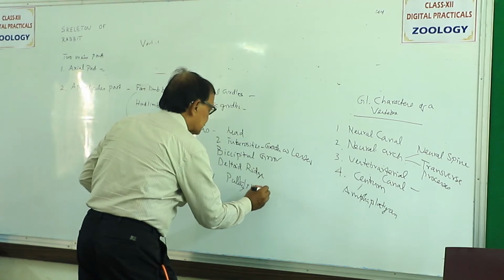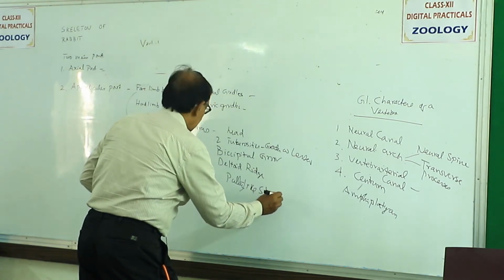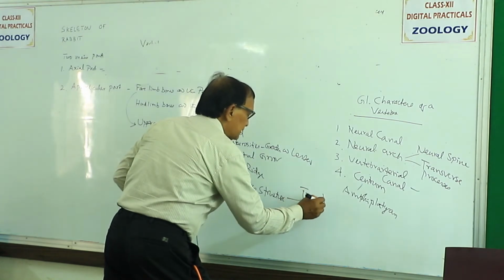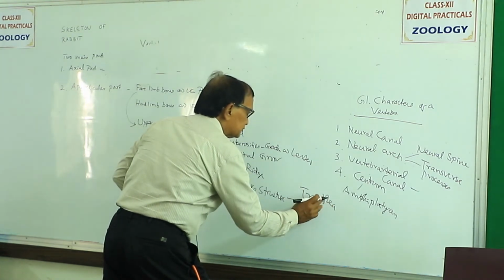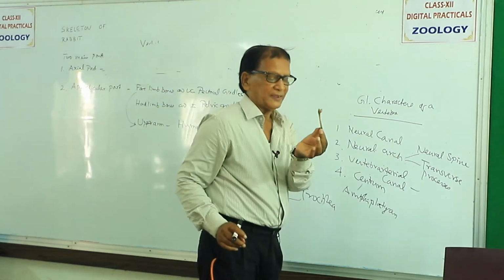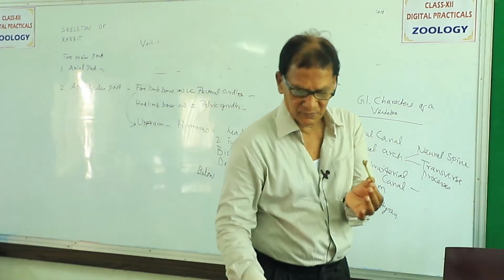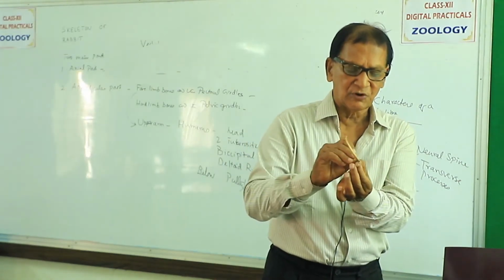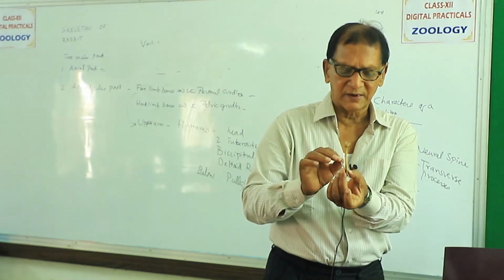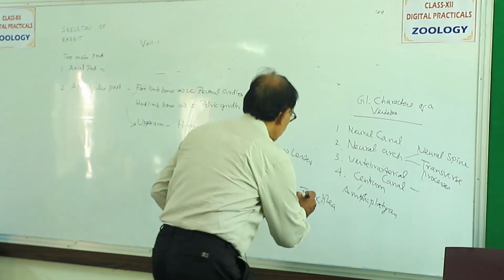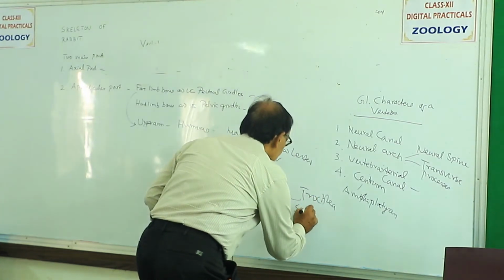That pulley-like structure is called the trochlea, and above the trochlea again there is an opening. This is that opening that is called the supratrochlear foramen.